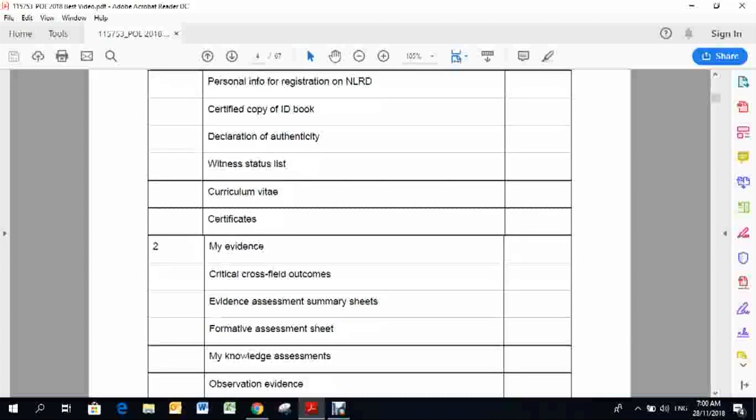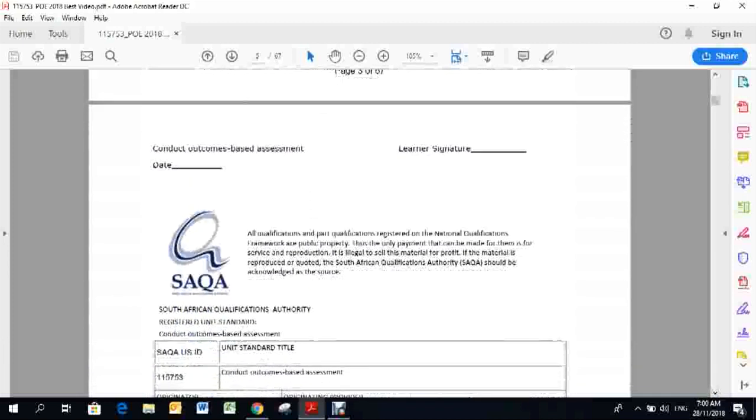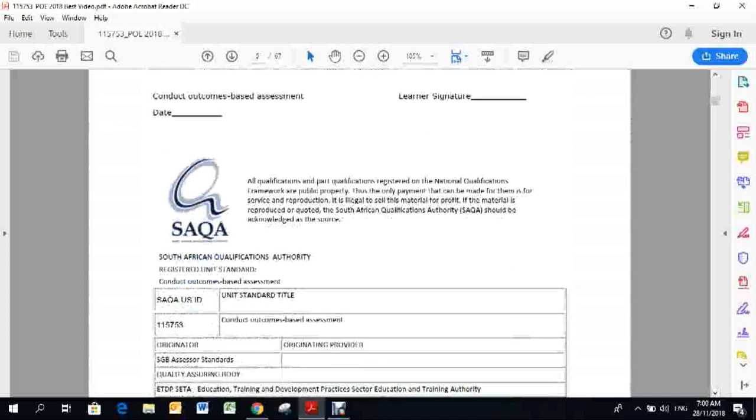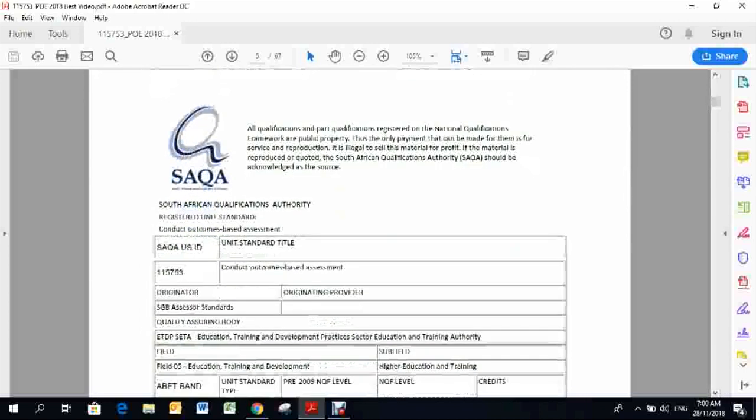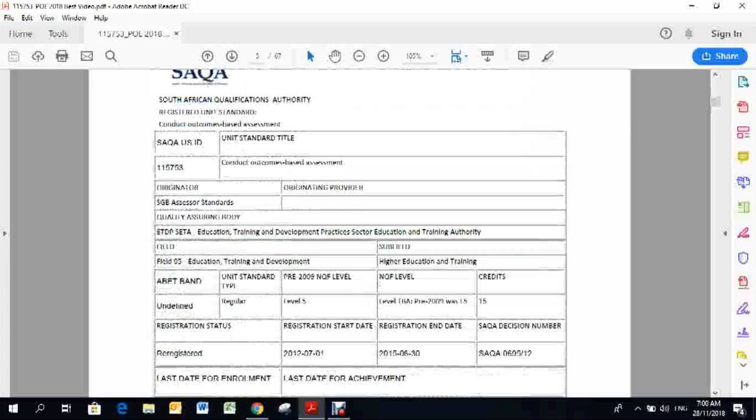Now, we carry on to the next page. On page 4, we've got a SAQA document. This SAQA document, it's a document that explains what the qualification is all about, as defined or prescribed by SAQA.